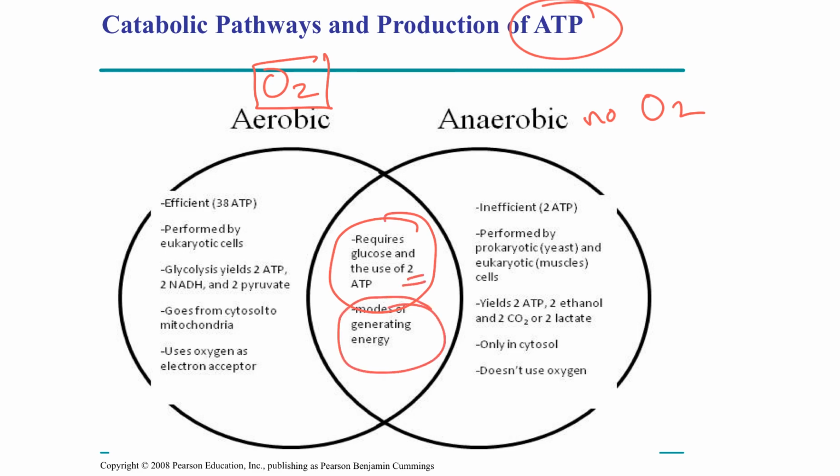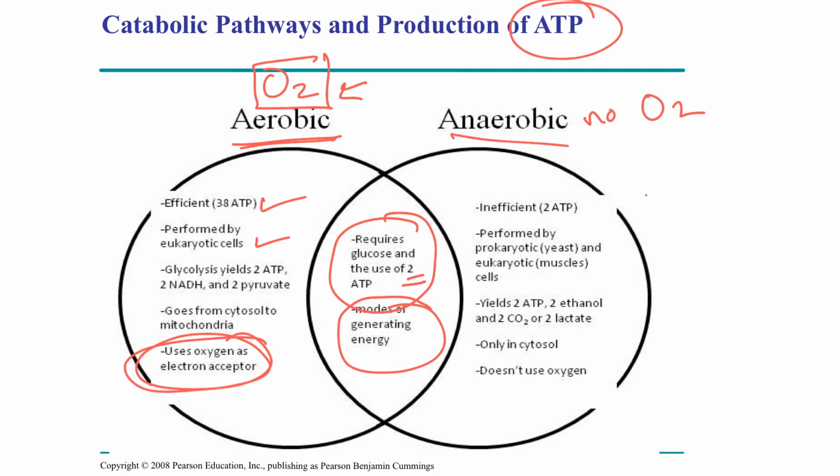They both are different ways of generating energy, okay? But in the aerobic process, if we have oxygen present, we can make a whole lot more ATPs. It's performed by eukaryotic cells, and it uses oxygen as the final electron acceptor, because this has to do with electrons, okay?